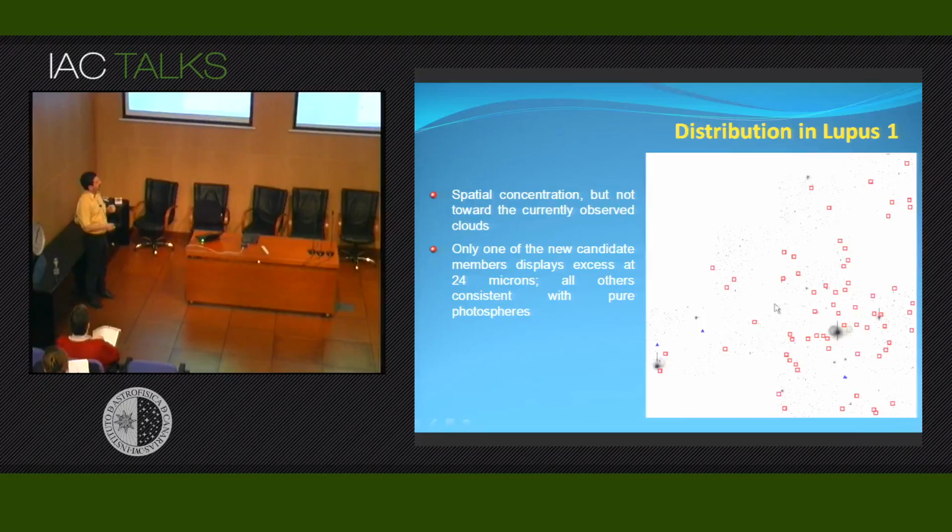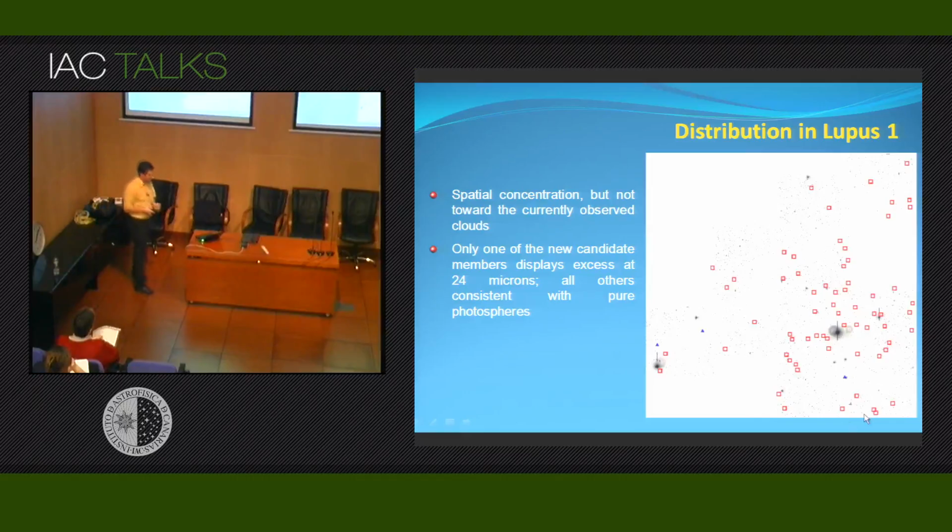So only one of them shows signatures of warm circumstellar dust. The other ones don't seem to have circumstellar dust, at least at a temperature warm enough to produce excess emission in the Spitzer bands, ranging from approximately 4 microns up to 70 microns.